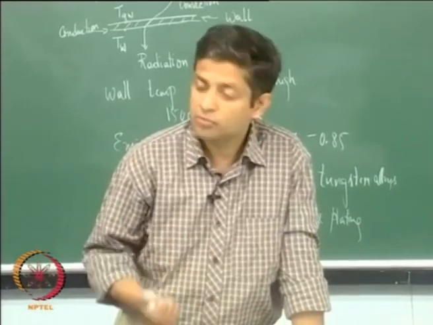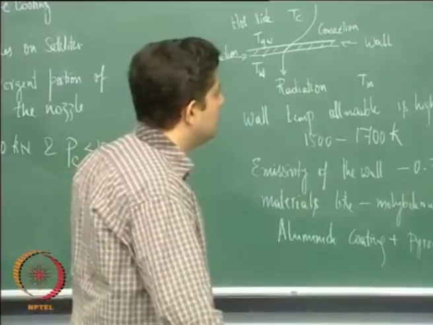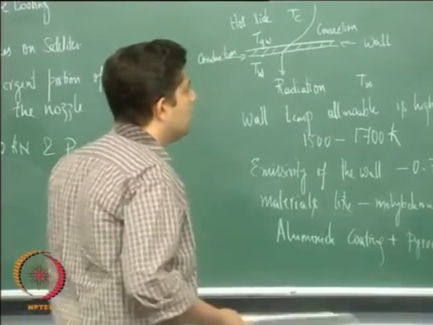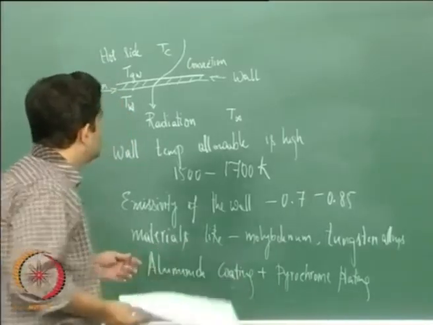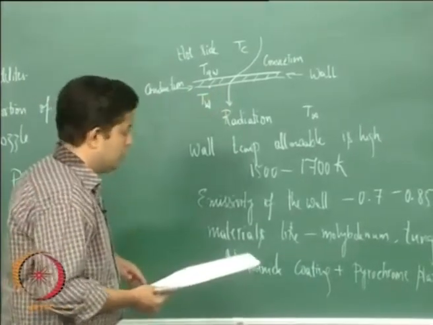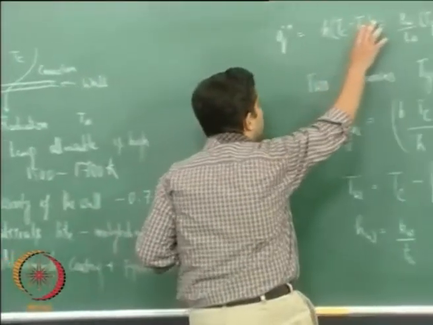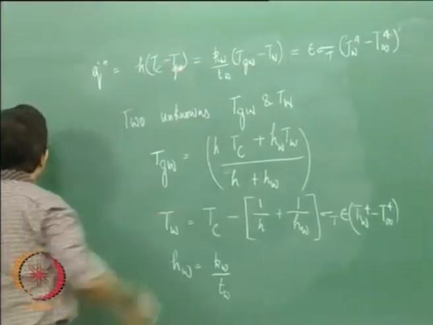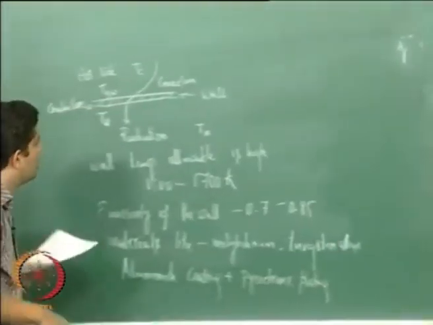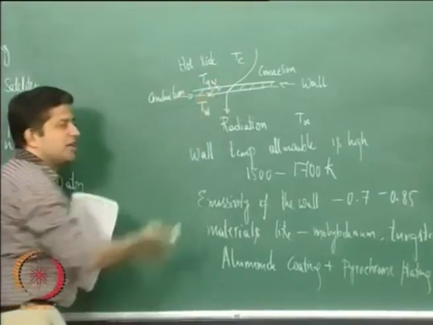Tc minus Tg wall. This is Tg wall, this is T wall.